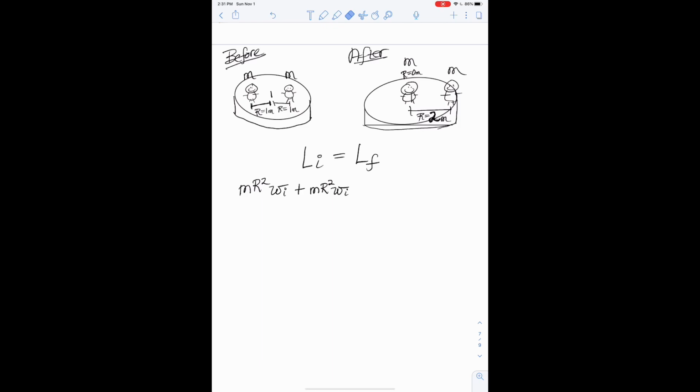All right. And then on the other side, we have m r squared times, this is where it starts to get different, right? So let me just write it this way, and then I'll go through and clean this up. All right, so we have something like that.